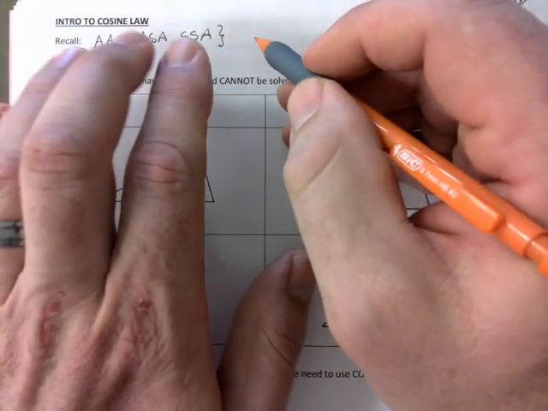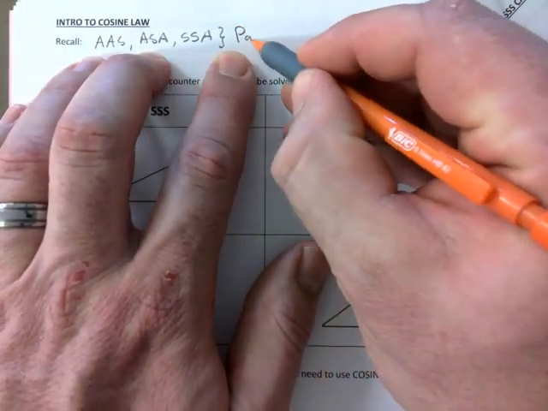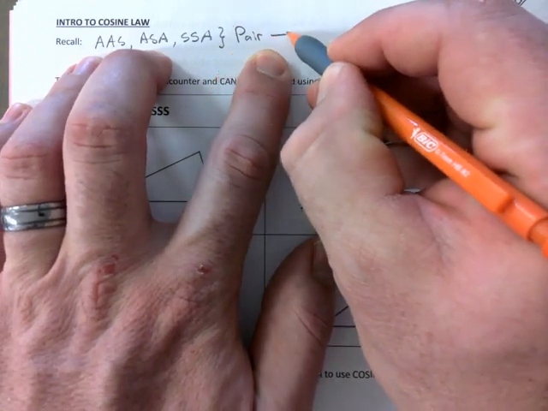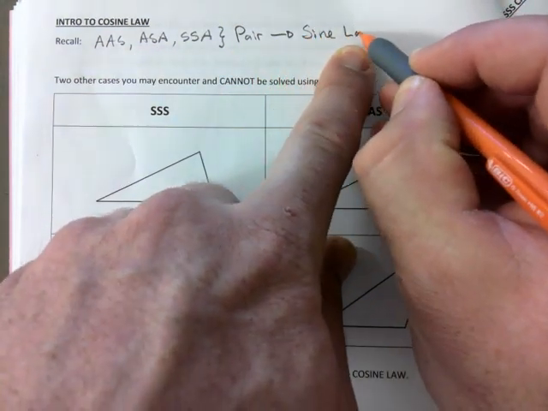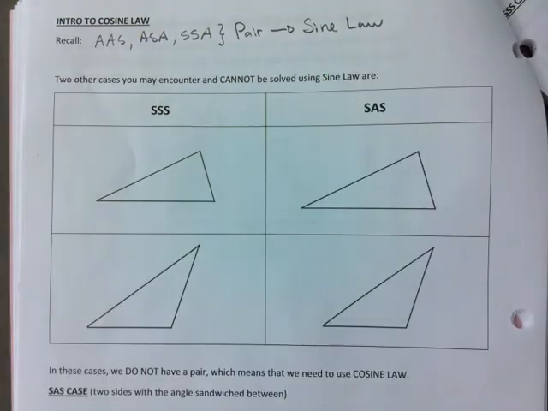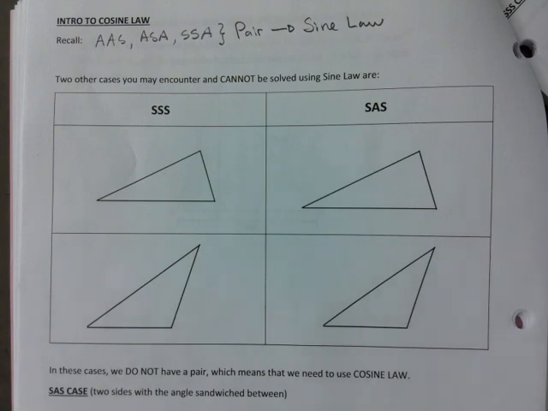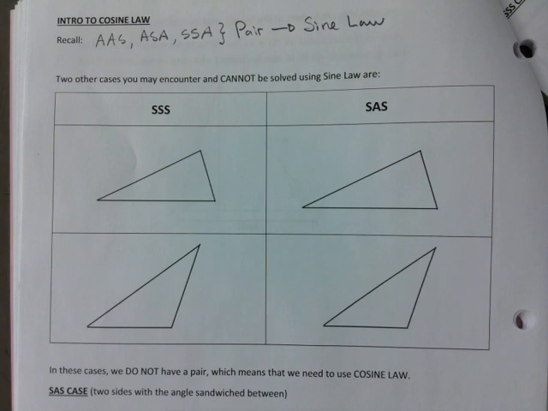Don't really worry about remembering that, but when you have a pair, you have to use sine law. Remember that there's three triangles, three scenarios where you're going to have to use sine law to get you started. Okay, 23.